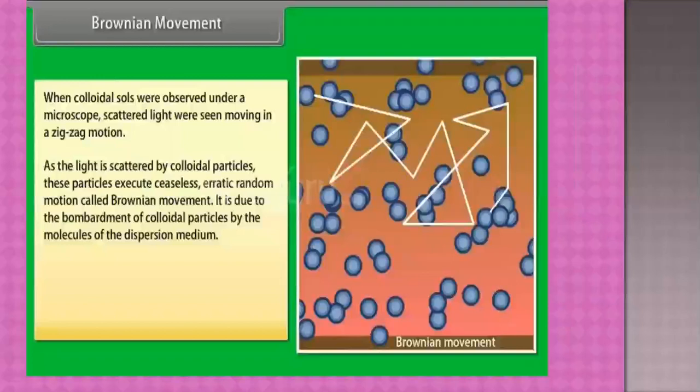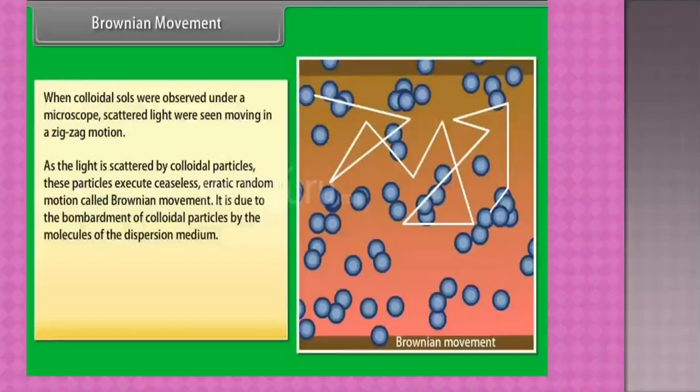There are some characteristic properties shown by the colloidal solution. One of the characteristic properties of the colloidal solution is the Brownian movement. What is Brownian movement? Brownian movement means the zigzag movement of the colloidal particle. When colloidal sols are observed under a microscope, the scattered light is seen moving in a zigzag motion.